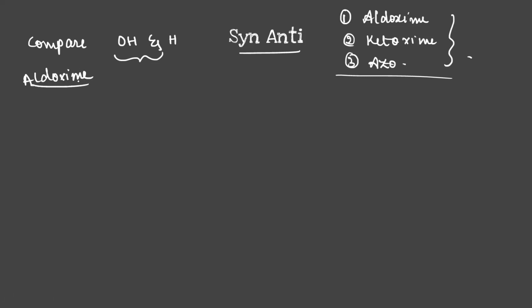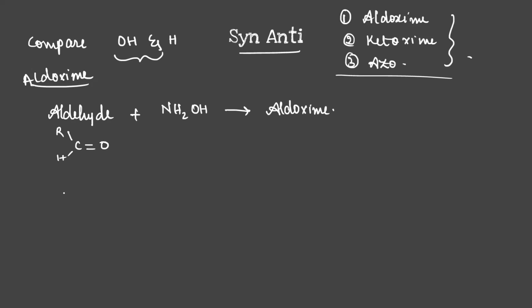What are aldoximes? Aldoximes are formed when an aldehyde reacts with hydroxylamine, or NH2OH, simply called hydroxylamine, forming an aldoxime. So an aldoxime looks like this. Aldehyde is R, C, H, double bond O, right? So an aldoxime looks like this.